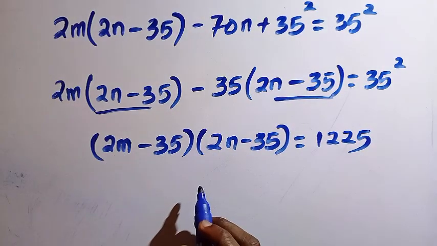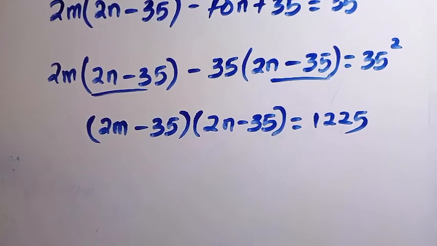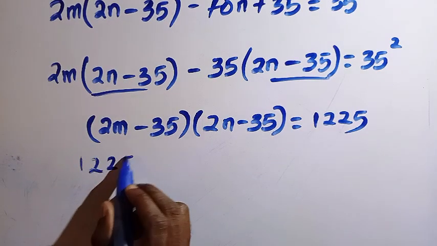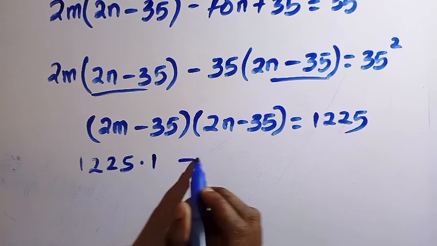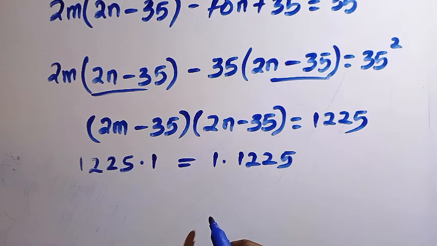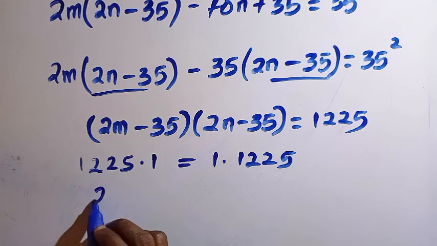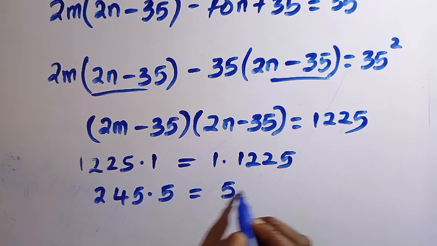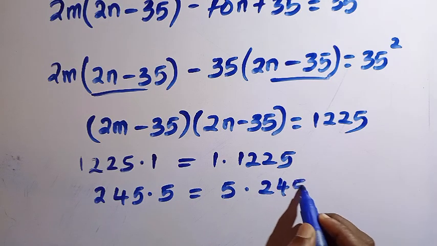Then we now need to break down this 1225 into various integers whose product will give us any of these. For the first one, we are going to consider 1225 multiplied by 1, which is the same thing as 1 multiplied by 1225. This is the first case. The second case is by multiplying 245 by 5, which is the same thing as 5 multiplied by 245.